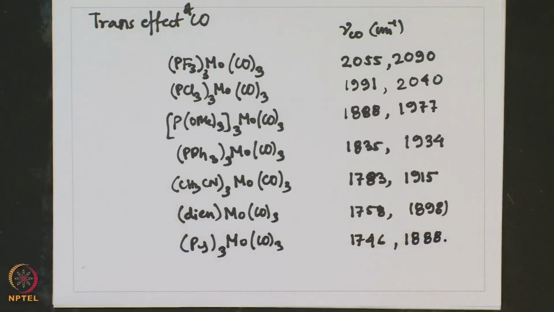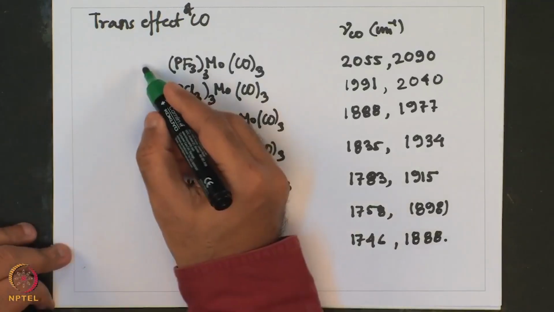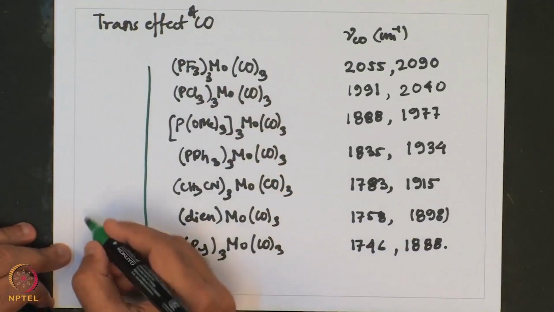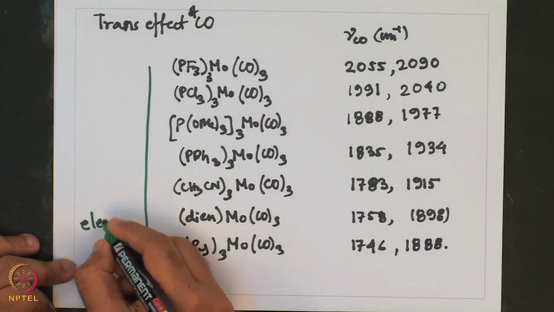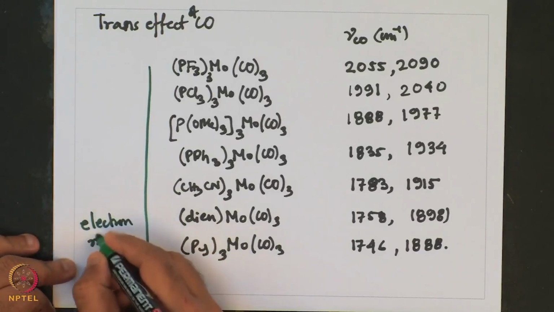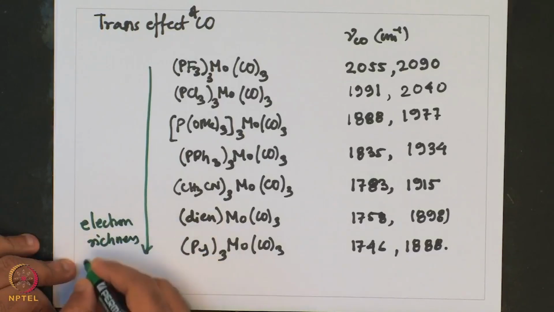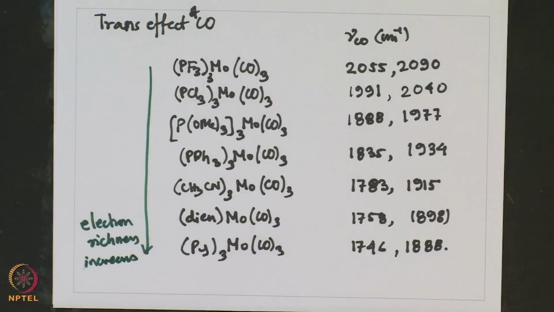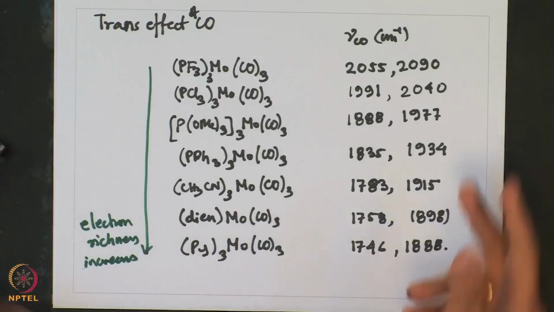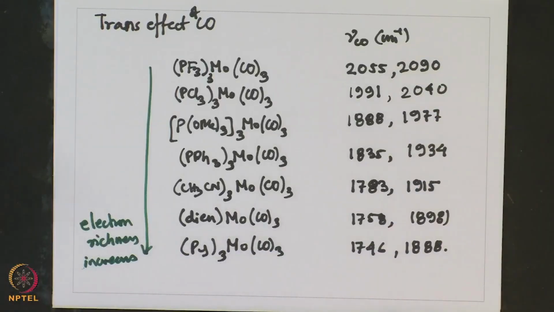So, what we see is that on going down, as the electron density of molybdenum increases, the richness increases, that leads to enhanced molybdenum to CO pi back donation. As a result, CO stretching frequency decreases.